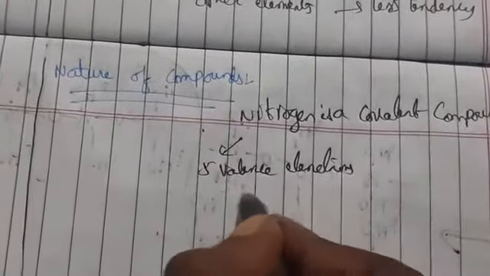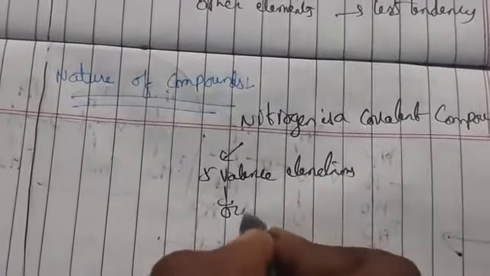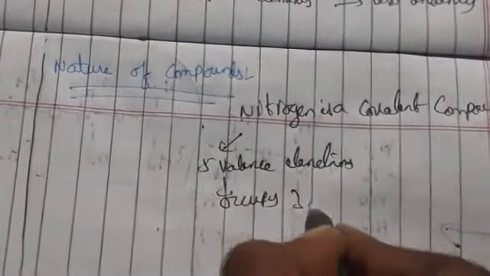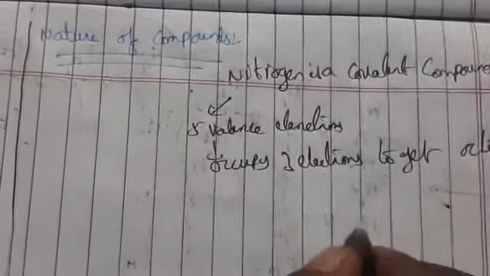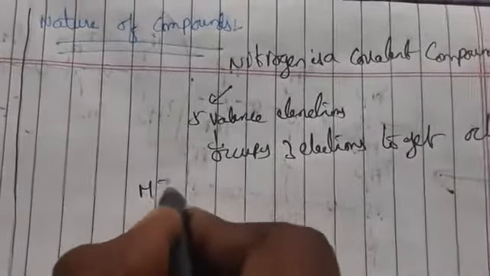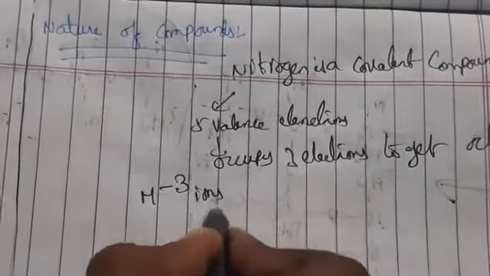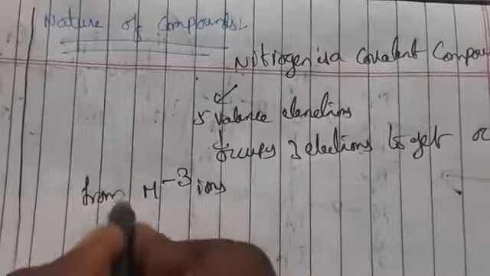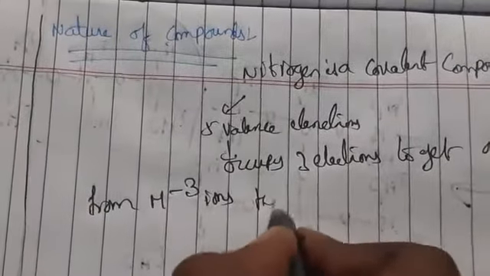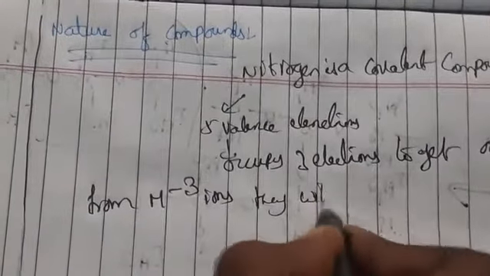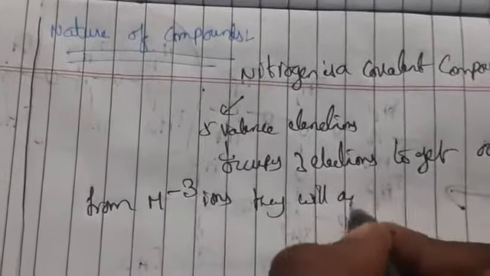It can accept 3 electrons to get an octet configuration, so it will form M3- ions from metals, but it is very difficult. That's why nitrogen is covalent.